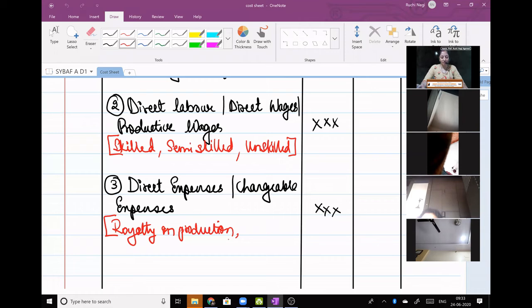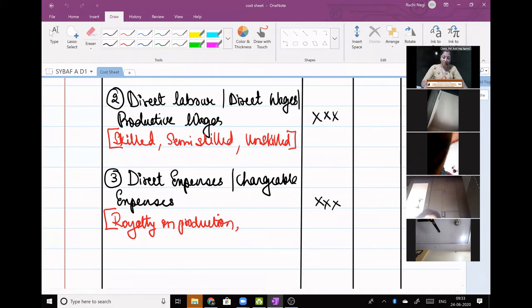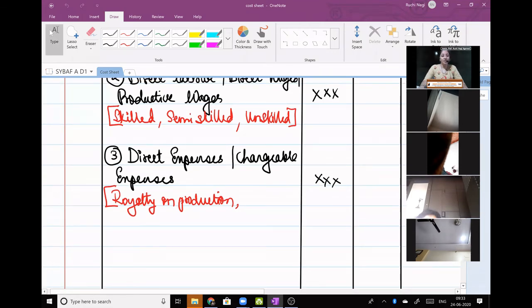So it satisfies the condition as per CAS 1 of the direct cost definition. It is not a labor, it is not a raw material. The logo which I'm going to use comes under the category of direct expense.